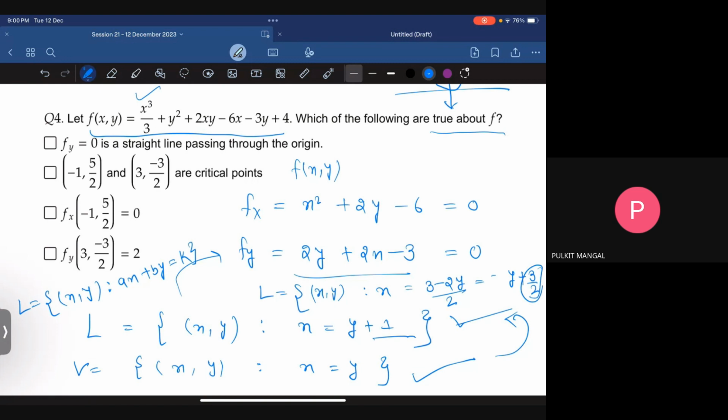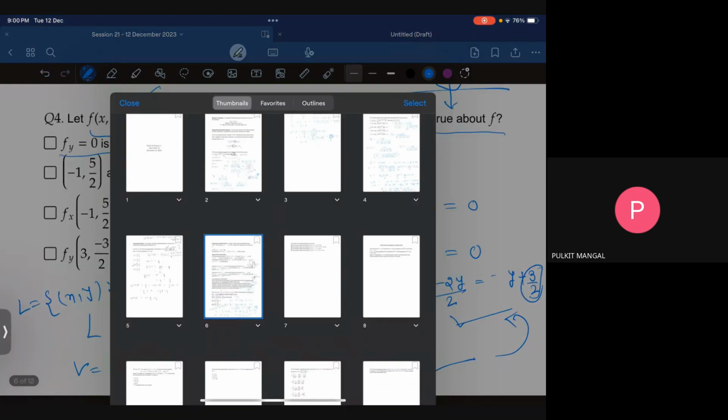Even the case for 0 is also an affine space because every vector space is an affine space also. But it will not pass through the origin if k is not equal to 0. So that's why fy equal to 0 is not a straight line passing through the origin.